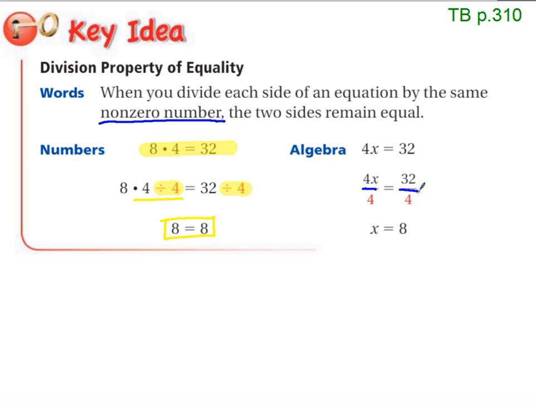Fraction bar just means divide. 4 divided by 4 leaves me with just x on the left. 32 divided by 4 leaves me with 8 on the right. Now, I'm going to go back to my original problem. 4x equals 32. If I substitute 8 for the x, I'm going to have 4 times 8 equals 32. And we know that answer is correct.